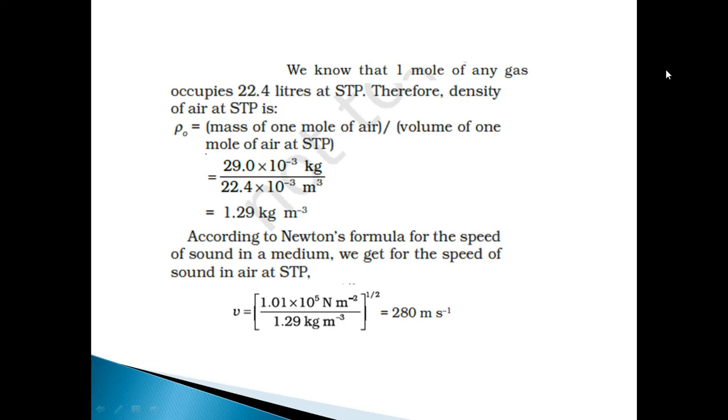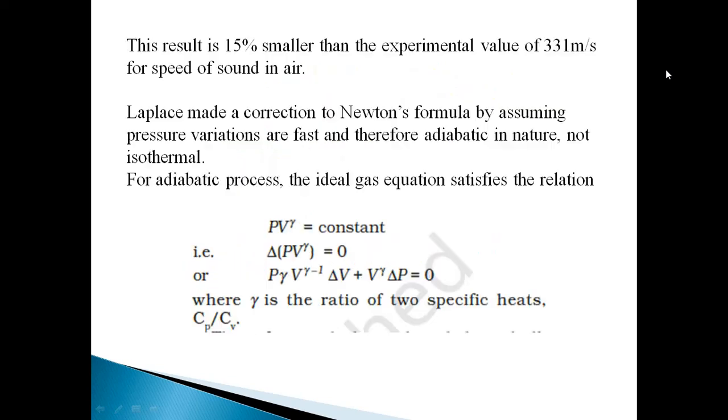If you apply Newton's formula, the speed of sound is found to be only 280 meter per second at 0 degrees Celsius. So this is inaccurate. This result is 15% smaller than the experimental value of 331 meter per second for the speed of sound in air. So there was some mistake in Newton's explanation.